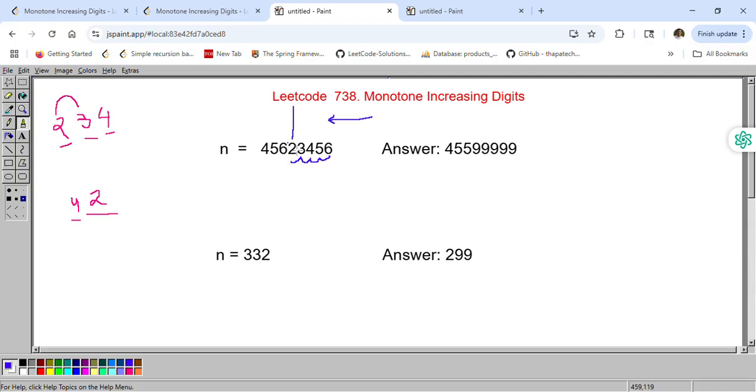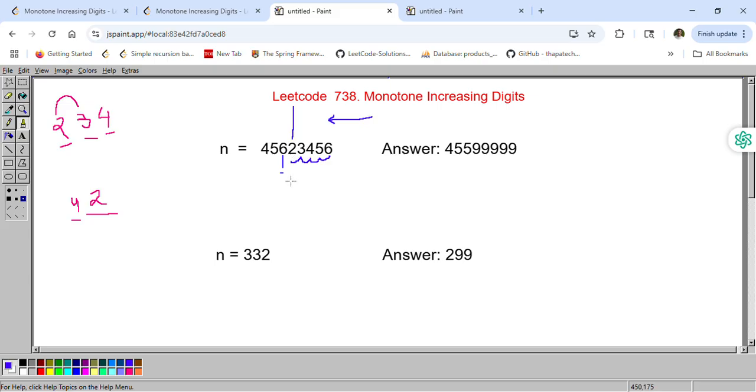When you are at this index, you compare 2 and 6, and you find out that it's breaking. It's not monotone increasing, because 6 is more than 2. Here it's breaking at this point. So what we can do is, what if I reduce this 6 to 5?